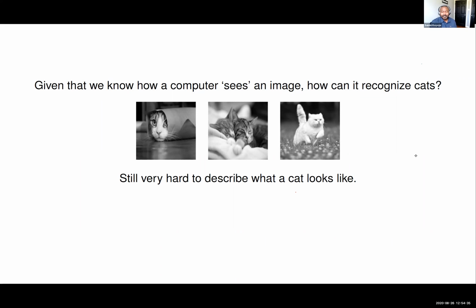It can be a challenging process to describe what a cat looks like. Now, if you could do this effectively, say by designing good rules, then you could come up with purely hand-coded algorithms that worked in a variety of situations and very reliably recognized cats.